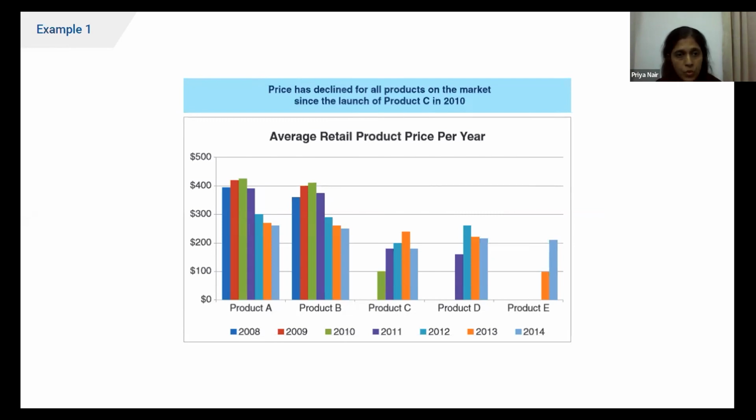From 2011 onwards. That means whatever the title says does apply to product A and B. That is, their prices decline after the launch of product C. And if you look at product C, it was launched in 2010, right? And product D and E were launched later. Product D launched in 2011 and E in 2013.